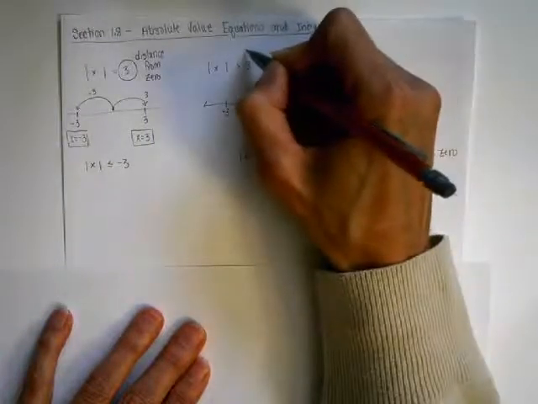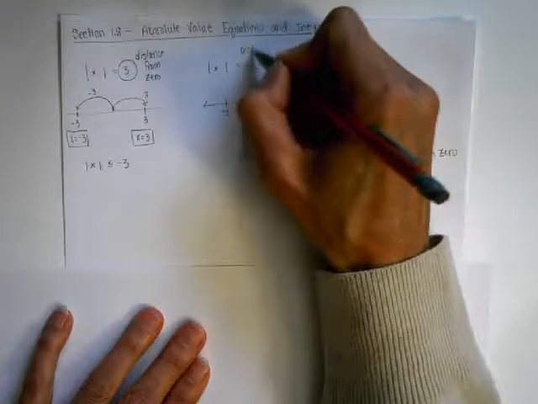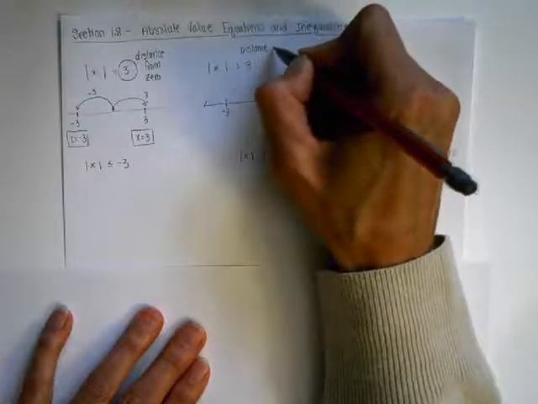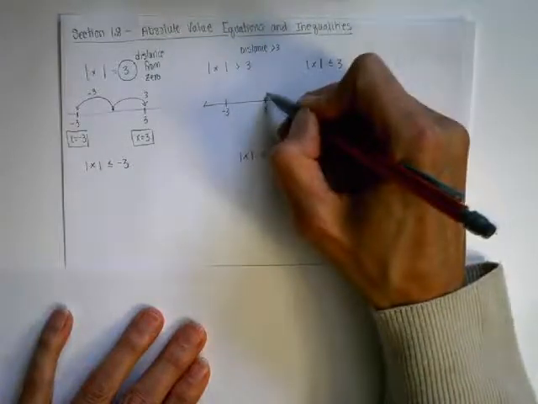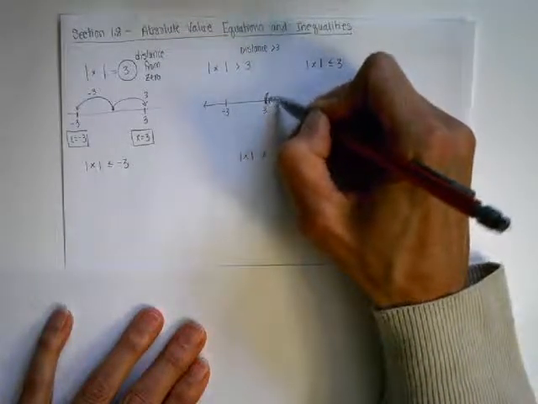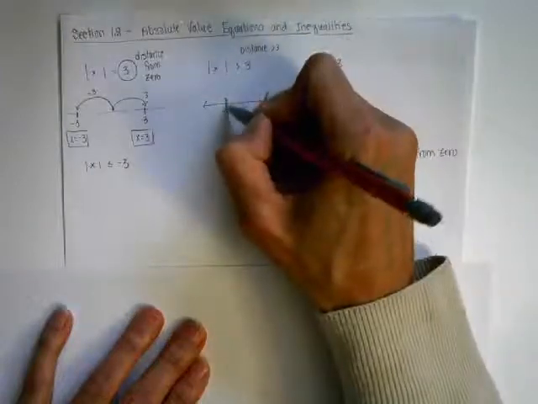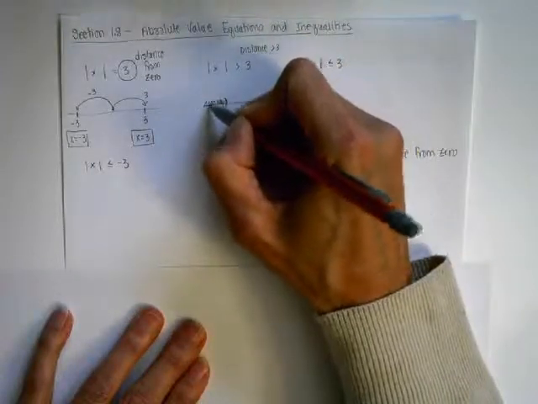In this case, I want my distance to be greater than 3, so I'm going to take these numbers here and shade this way, and these numbers here and shade this way.